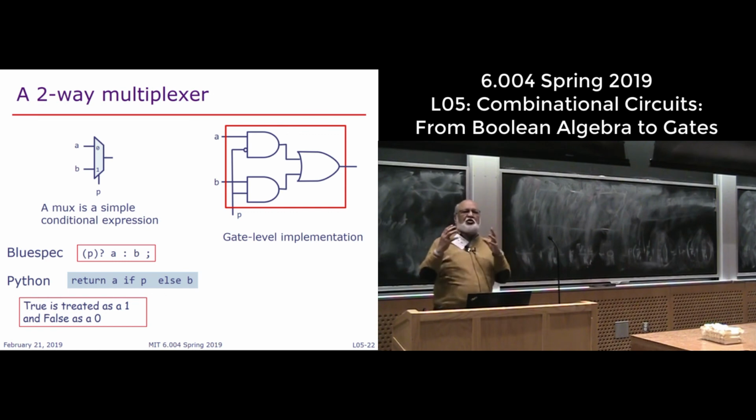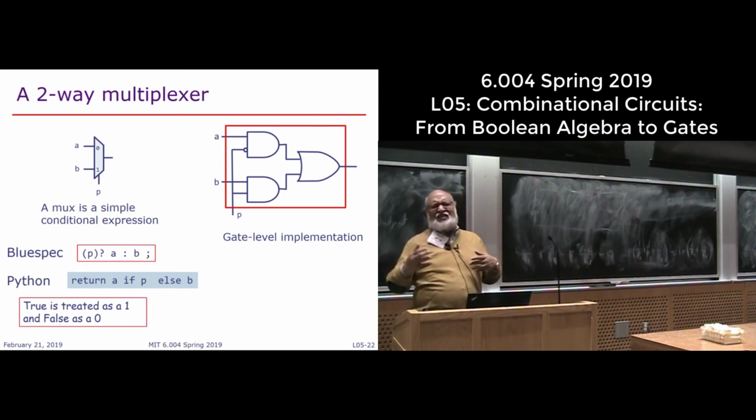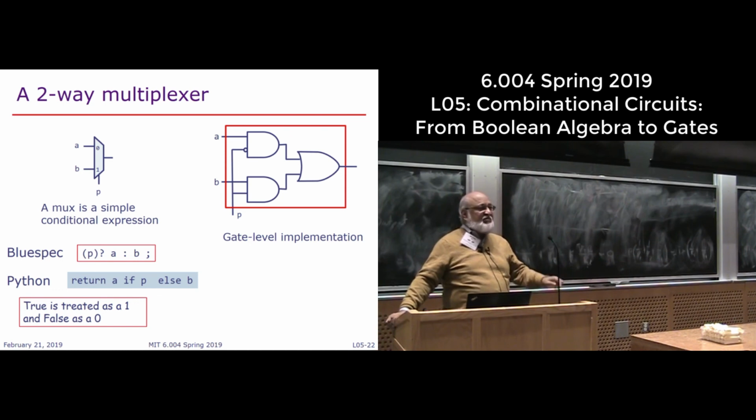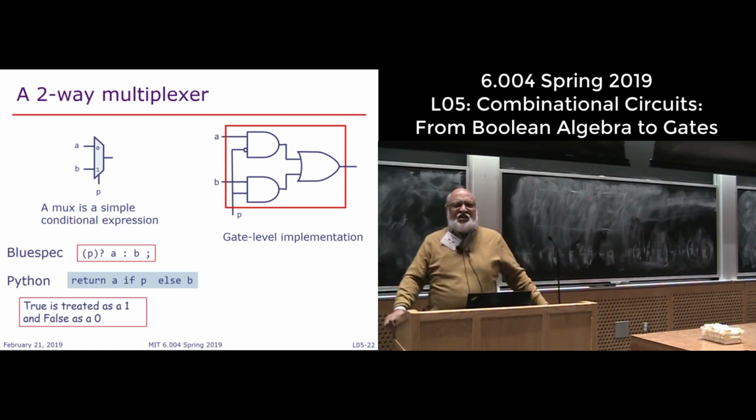And you will get used to this after a while. Something that may cost nothing for you, if P then A else B, you never think of the size of A and B. Believe me, in hardware, the cost is directly proportional to the size of A and B. So if you have gigantic A and Bs, these conditionals can be very expensive because they're going to take a lot of space, right? There are going to be lots of gates.